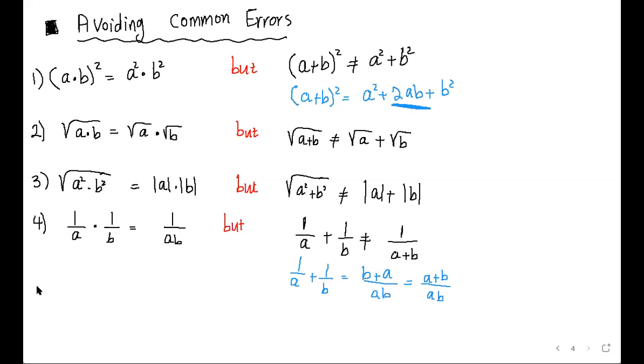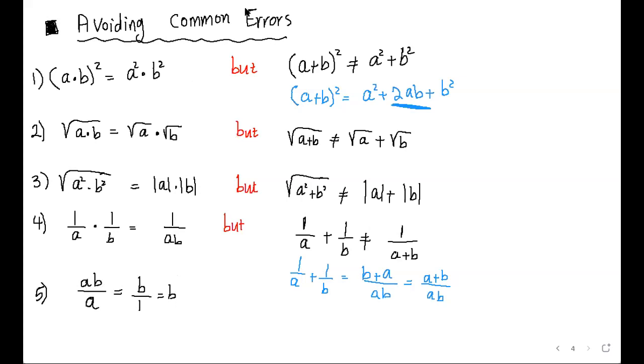Number 5. a times b over a: we can cancel the a with the a for multiplication. So this is equal only to b. Why? Because it's b over 1, and this equals b.